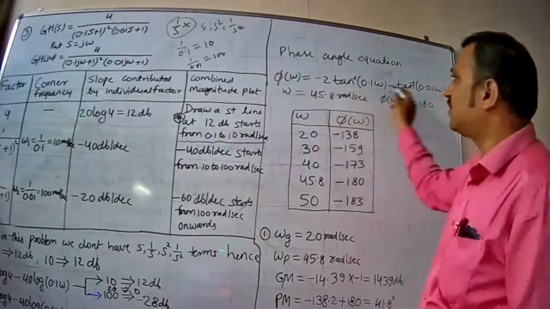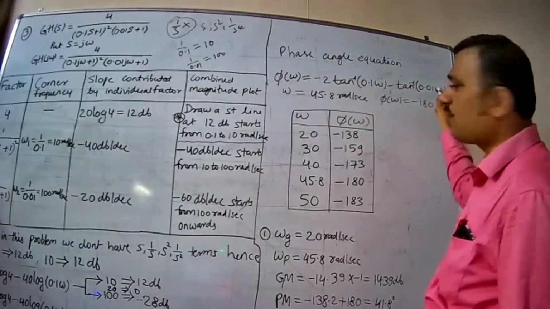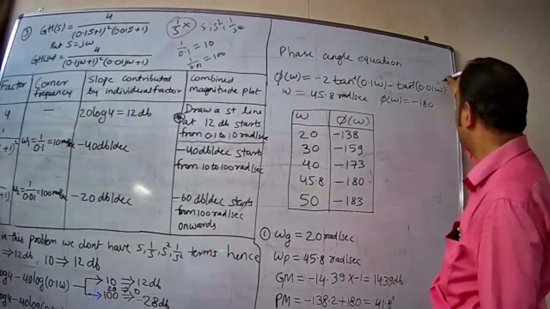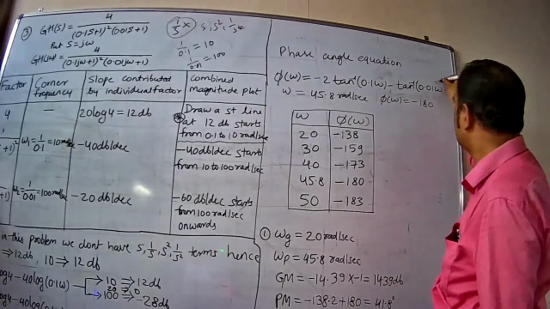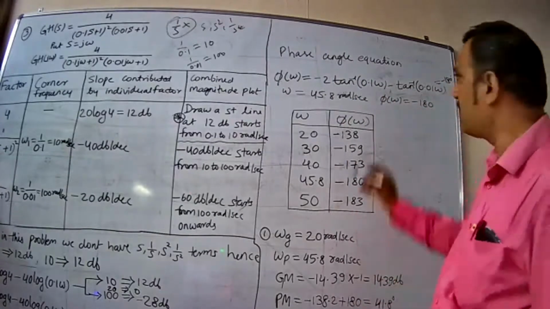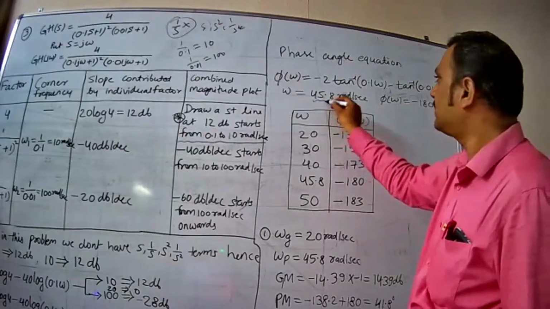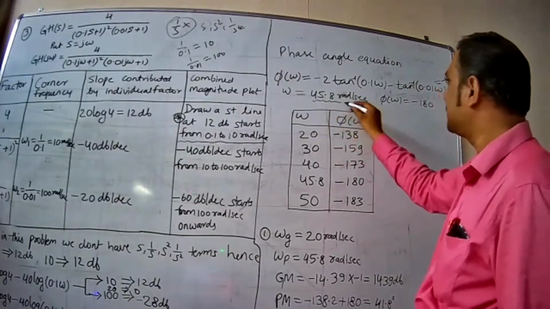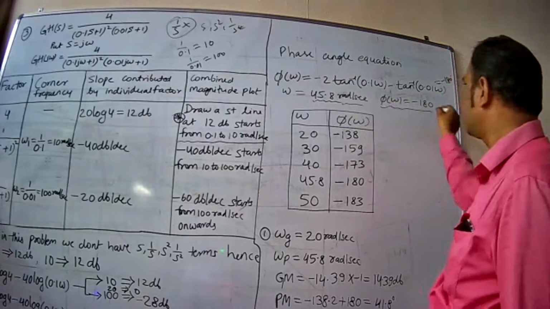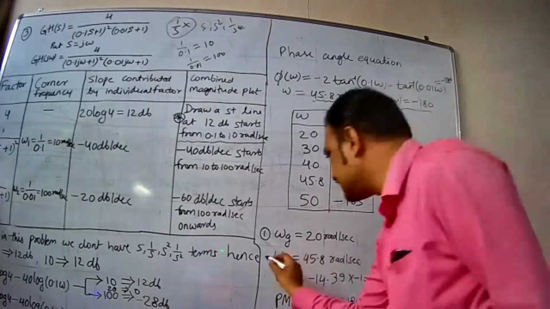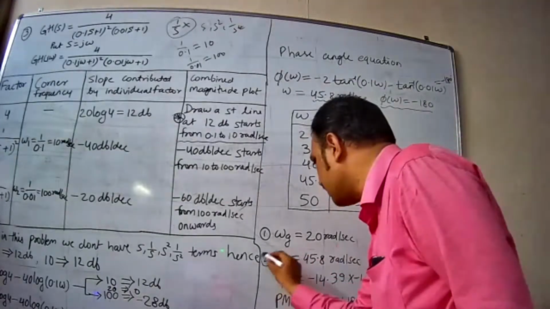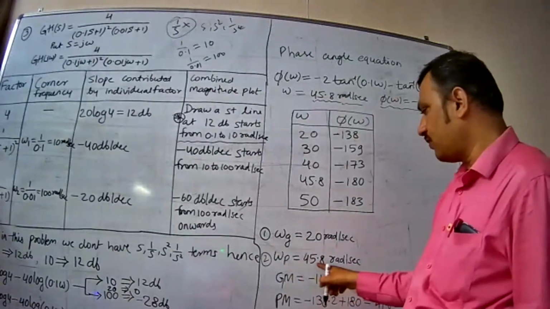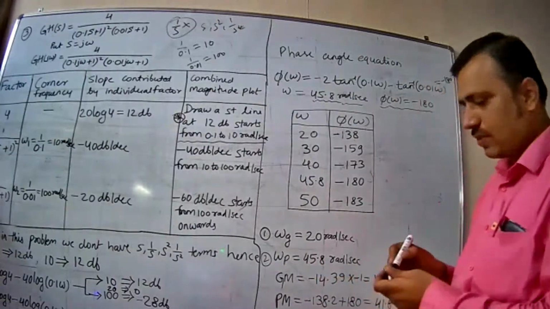This is the first equation. Again, we have to compare this equation with minus 180 degree. Then we are getting the omega value as 45.8 radian per second. When phi of omega is equal to minus 180, this value is the second answer for our question. That is omega p is equal to 45.8 radian per second.